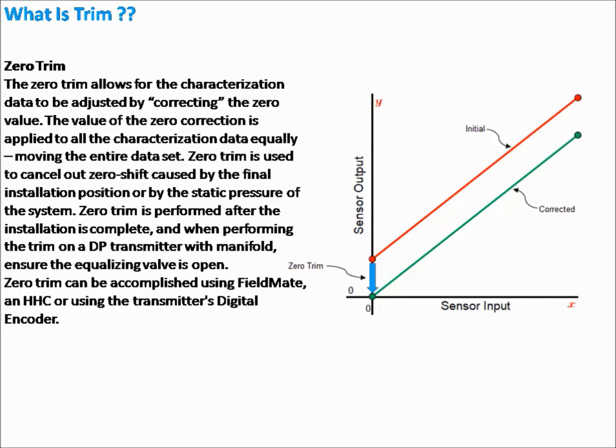Suppose your actual flow is 20 meter cube per hour, and it is measuring 15 meter cube per hour. So there is a difference between the actual and measured value. In that case, zero trim is required. Zero trim is nothing but matching the actual value and the measured value.